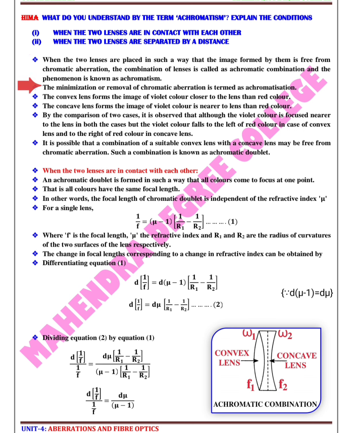The convex lens forms the image of violet color closer to the lens than red color. It means a convex lens bends or refracts light rays and brings them to a focus.